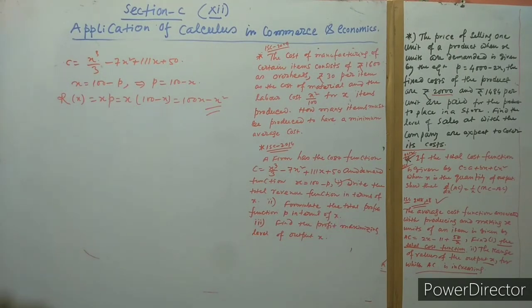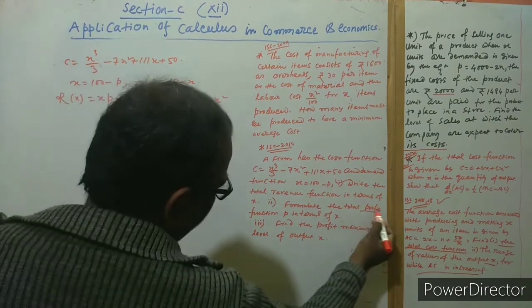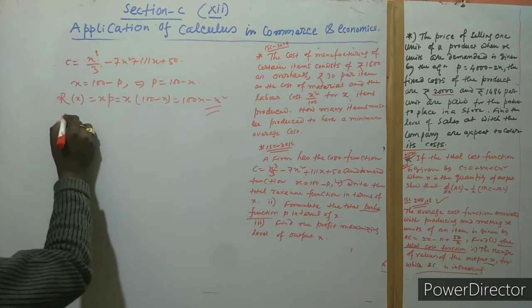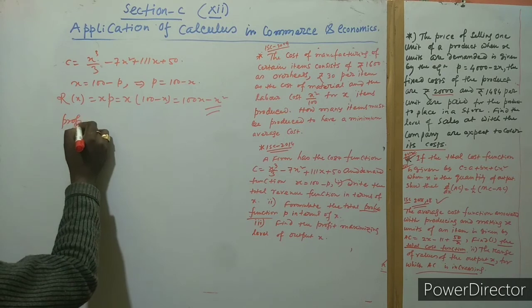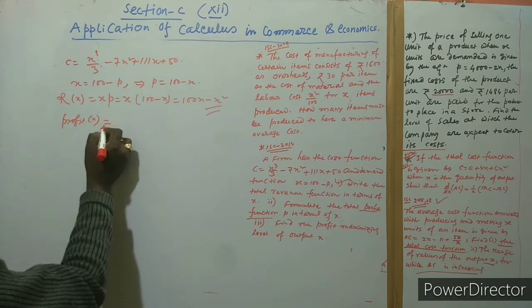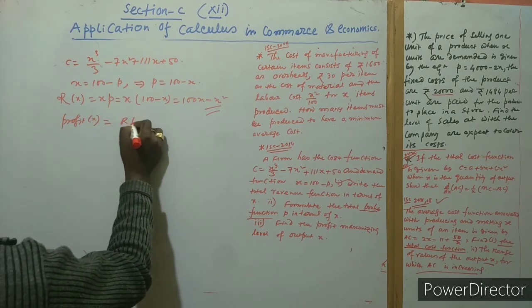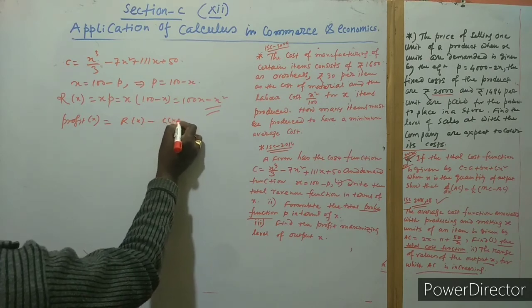And formulate the profit function. So we have to find the profit with respect to x. Profit is revenue function minus cost function.